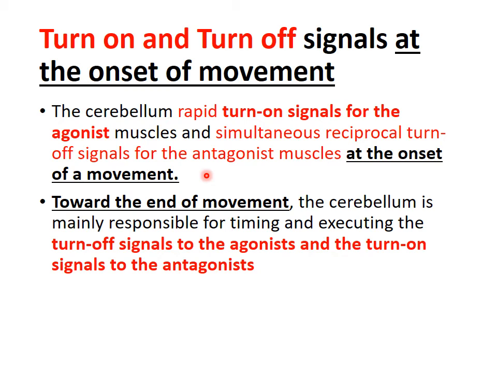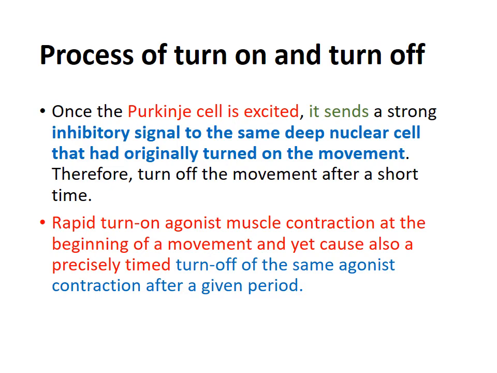Antagonist would be the extensors. So turn on to the flexors and turn off to the antagonist. Towards the end, you will find the reversal of that. So there are turn on signals. And this process, I have told you, is due to the Purkinje cells and the deep nuclear cells.